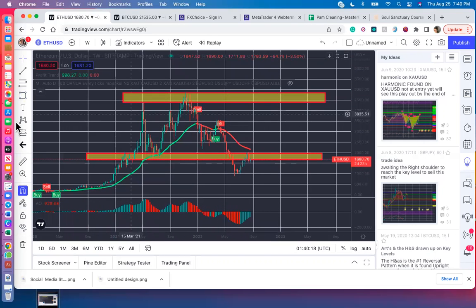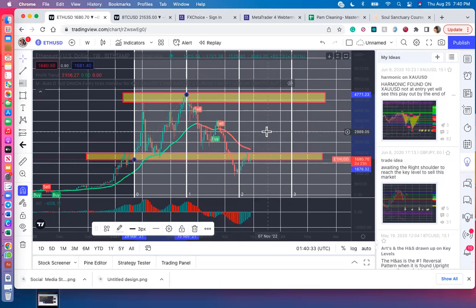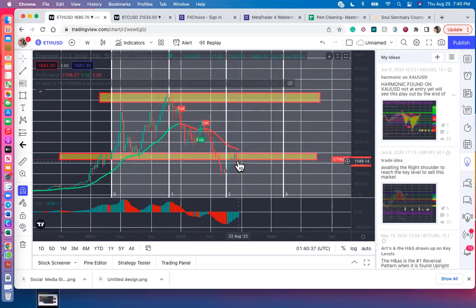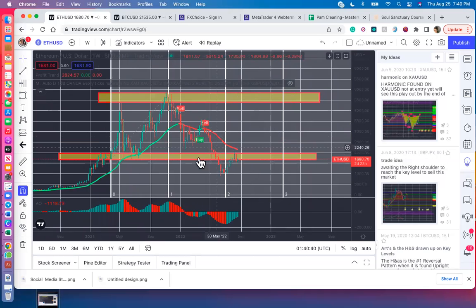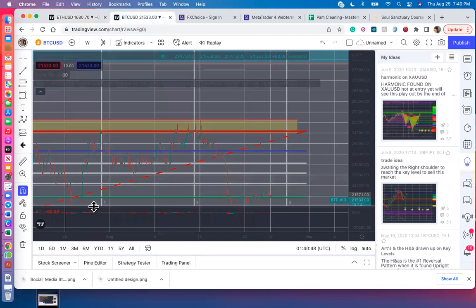Okay. Now we're gonna grab our fib time zones like we did. And we're gonna come over here from this area right here. And we're gonna bring it to the top. There we go. Now this market is a little bit slower or a little bit lower. You can see that we don't have a whole lot more than we do on Bitcoin here on the week. Let's jump back up here.